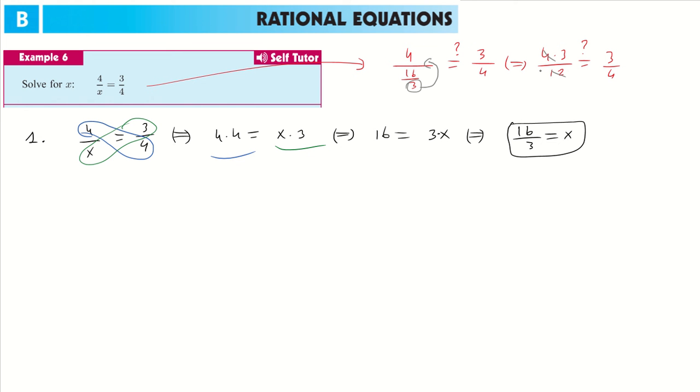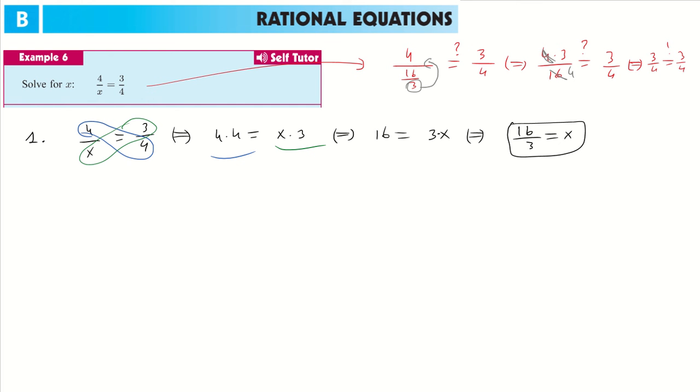Oh, mistake. Here I have 16. I don't know why I wrote 12. This should be 16 as well. So I get rid of the 4 in the numerator, and I divide the denominator by 4, and that gives me a 4. So I get a 3 over 4 on the left-hand side as well.